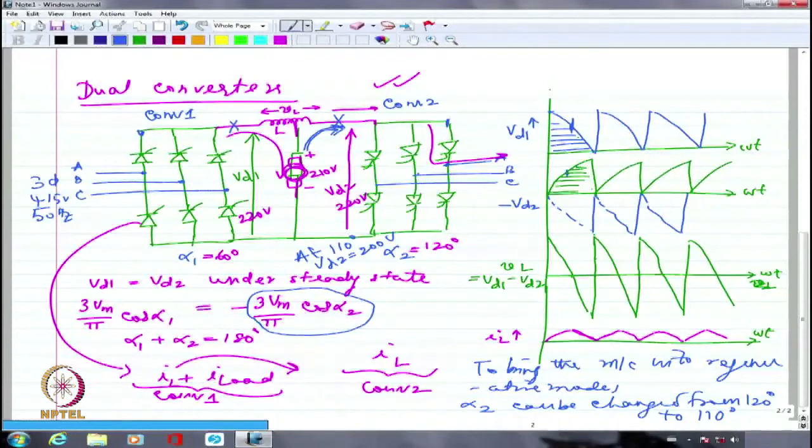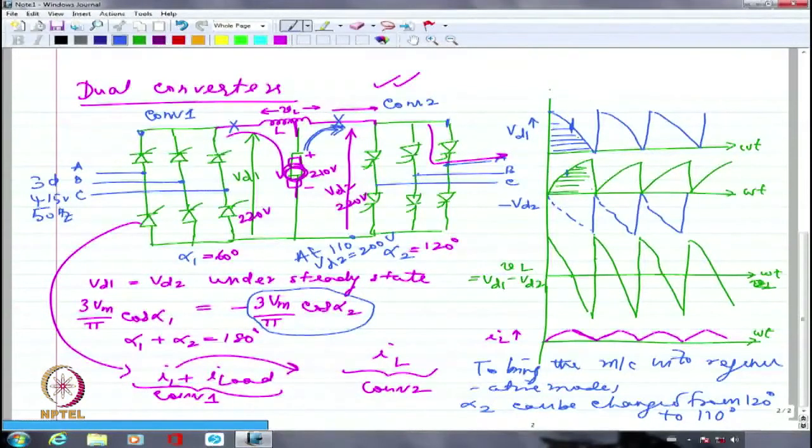Because the machine will take a few seconds to show any significant change in the speed, whereas the armature current can reverse or change within a matter of a few milliseconds, because armature circuit time constants are generally not large.